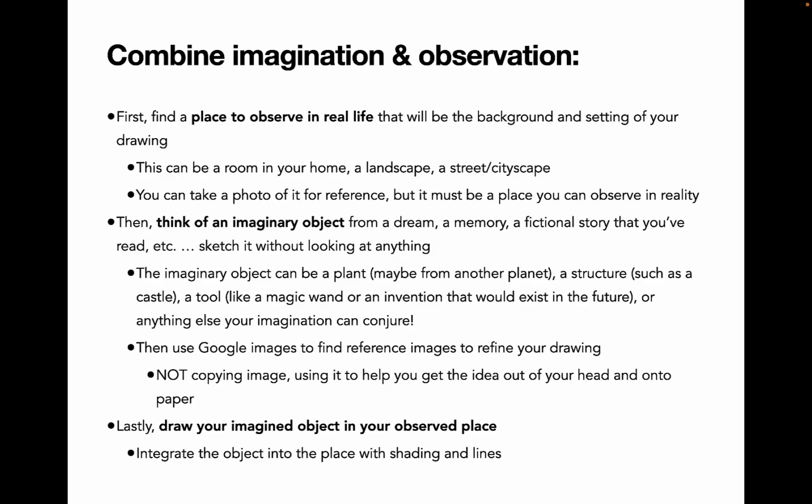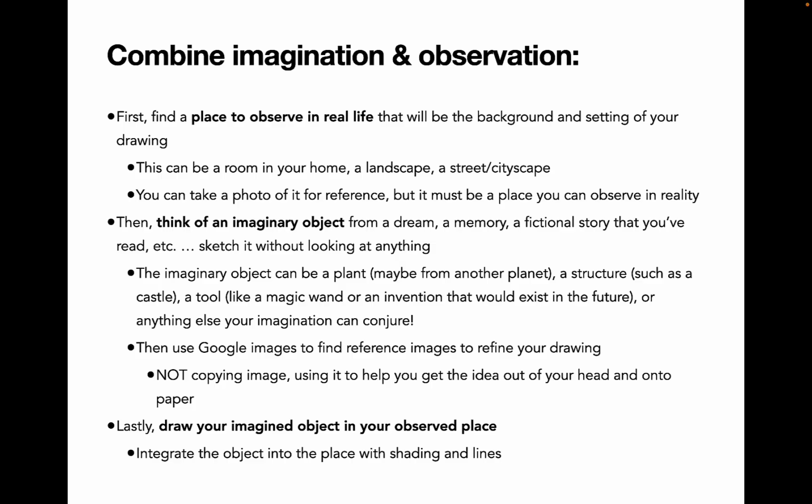So once you get the sketch from your head, then you're going to use Google Images if you need to find a reference to help refine the drawing of your object. To be very clear, you are not copying the Google Images. You're just using it to help you flesh out what is actually in your head and get it down on paper. And the last thing you're going to do is draw your imagined object in your observed place.